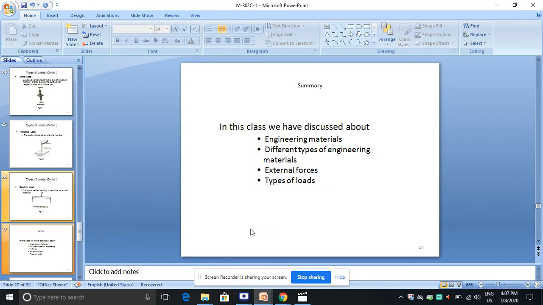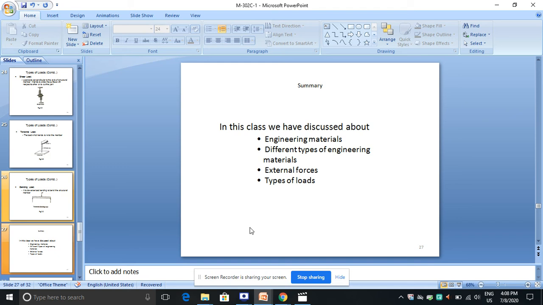So far in this class we discussed engineering materials. That means the materials we are using in the engineering field, we call engineering materials, and also their applications. They are used in so many wide areas: multi-story buildings, aircraft, missiles, spacecraft, and machine components.